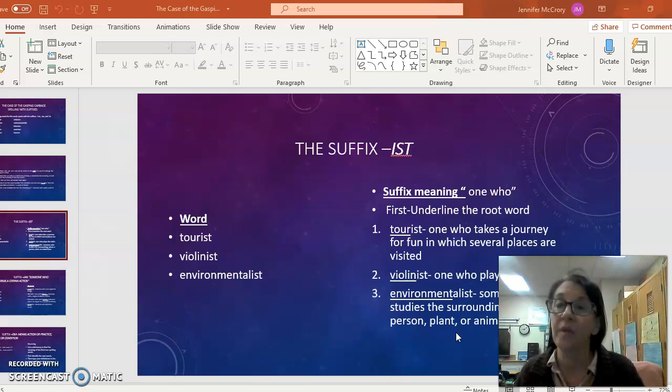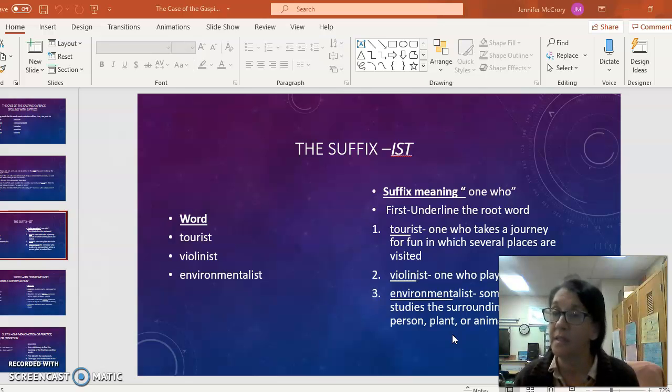There's more than one. So, environment is the study of surroundings, maybe the surroundings of a person, a plant, or animals. So, an environmentalist is someone who studies the surroundings of a plant, a person, or animal.